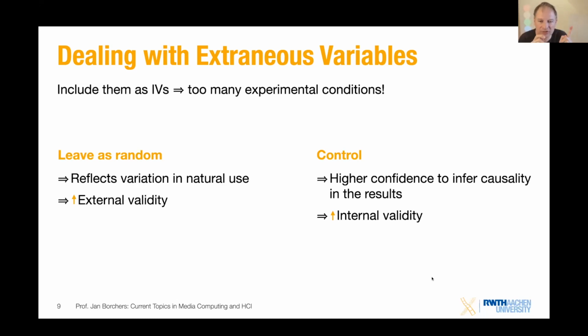So I know that the menu type must have been the reason why performance changed between the one and the other condition, right? That's great. So high confidence to infer actual causality from the results. But it means that your external validity goes down, as I just explained. So this is often the conflict that you're looking at.